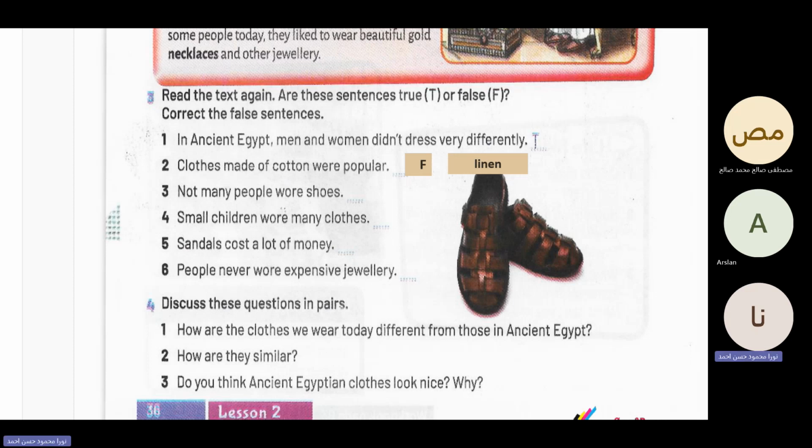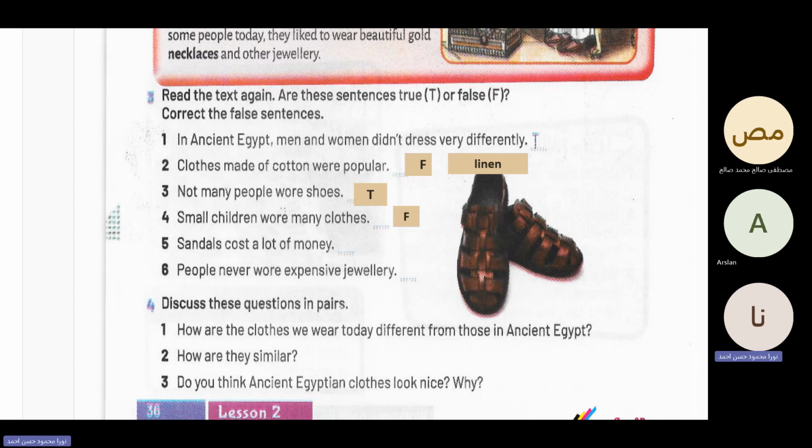Excellent, great job. What about number three? Not many people wore shoes. Is it correct? Yeah, it's true. Excellent. What about number four? Small children wore many clothes. You think it's true or wrong?